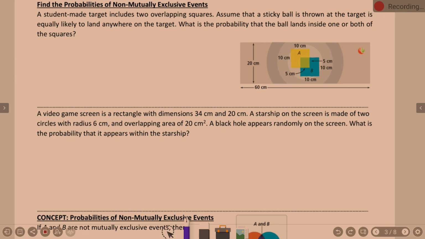Thoughts on what we need to do here? Okay, we're talking area here, aren't we? They give us all the dimensions, and when we're talking find the probability, we're looking in terms of area. So what's the area of these 2 squares out of what? The whole thing. Okay?